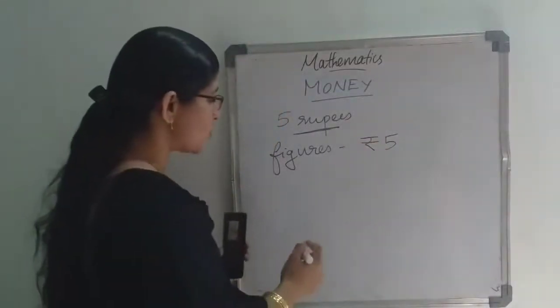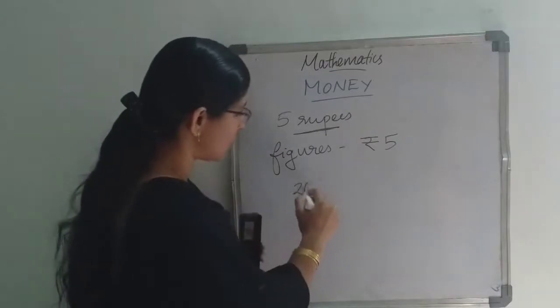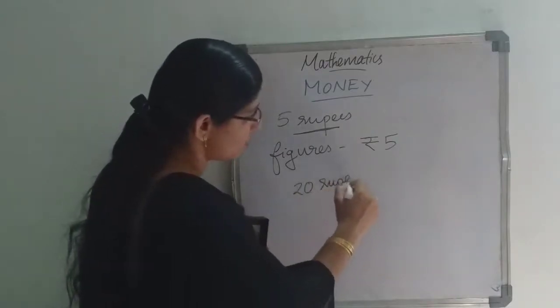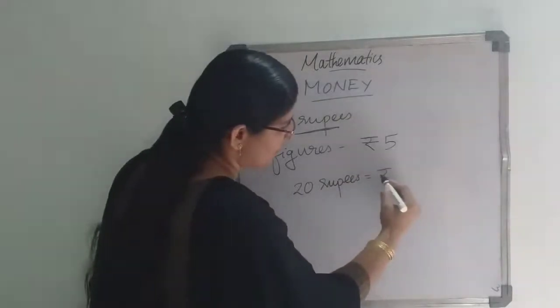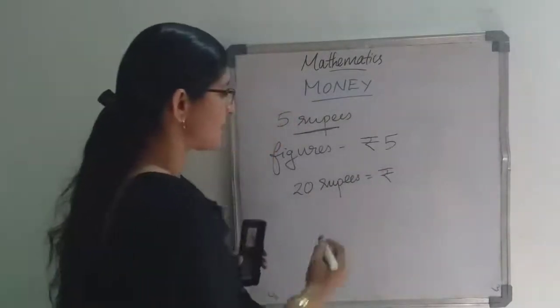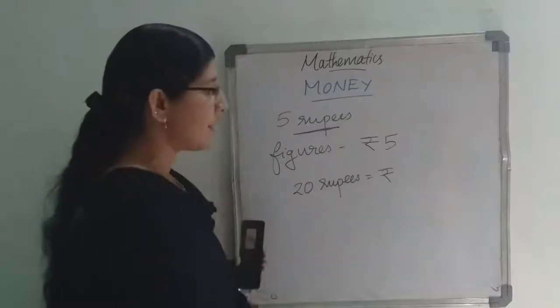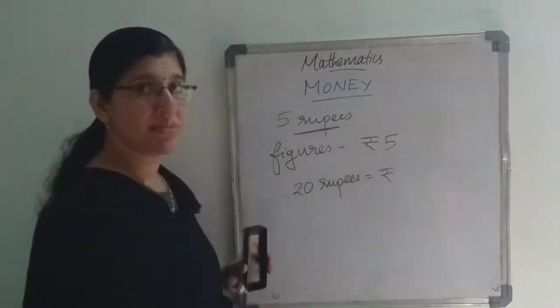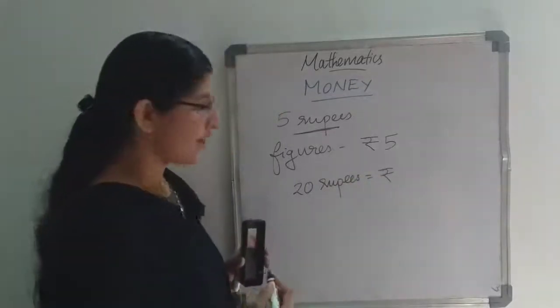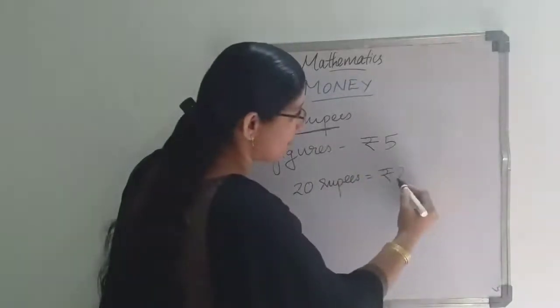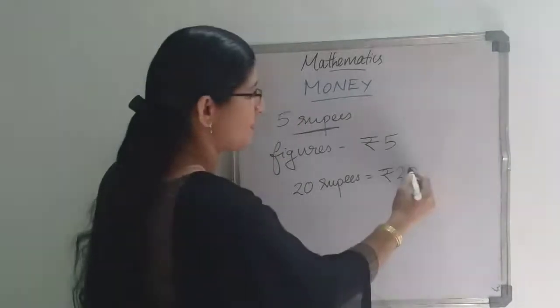If you want to write 20 rupees, how will you write it? You need to put the symbol first. Whenever we are writing in words, rupees comes last. But whenever you are writing in figures, meaning in numbers, the rupee symbol you need to write first. So the rupee symbol, after that 20. So it is 20 rupees.